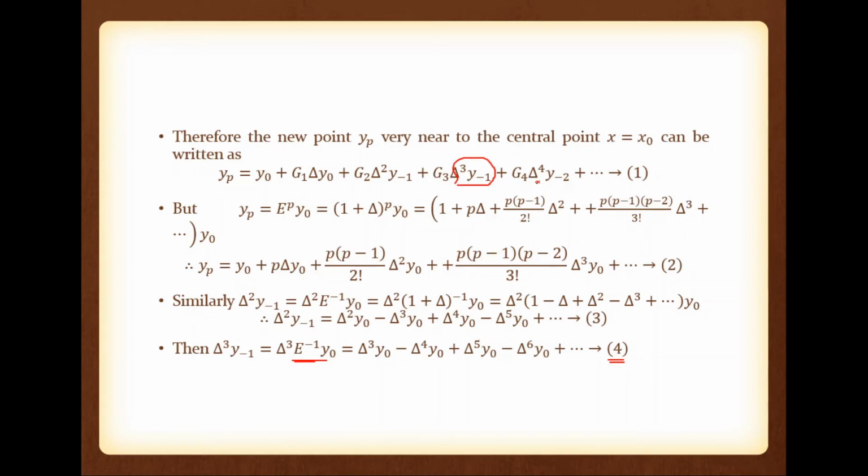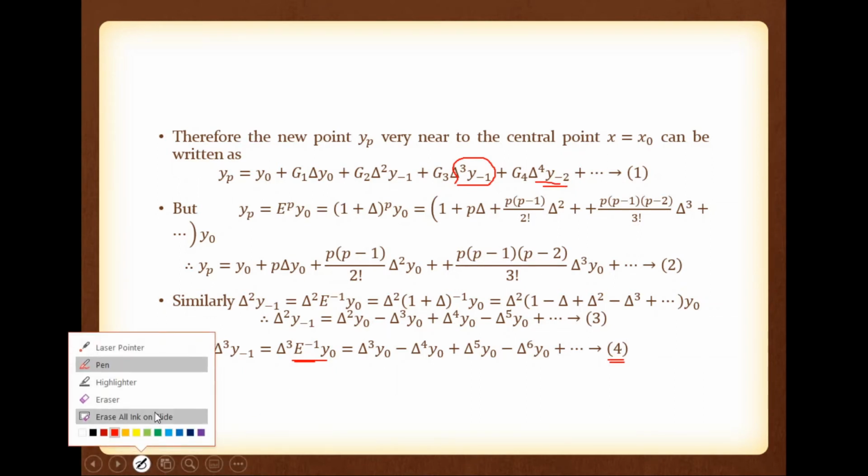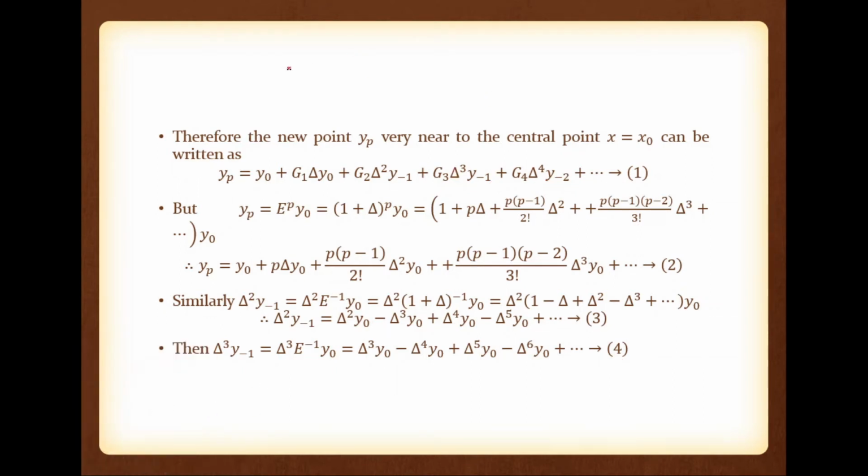Now we have delta raised to 4 y minus 2. So what we have to do? Take that term. What is delta raised to 4 y minus 2? What is y minus 2? The second previous data of y0. So we can write delta raised to 4 e raised to minus 2 y0 equal to delta raised to 4.